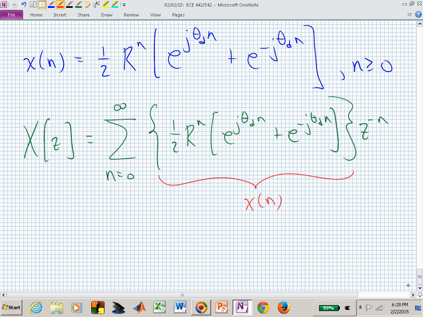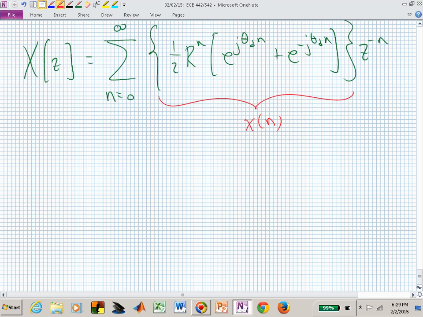Let's break that up into two pieces, the two pieces naturally coming into play because of that plus sign in this expression. Meaning, let's rewrite that expression for capital X of z as two infinite sums.